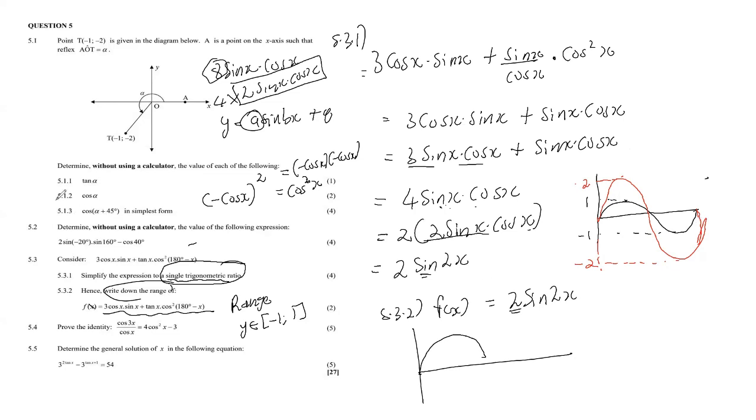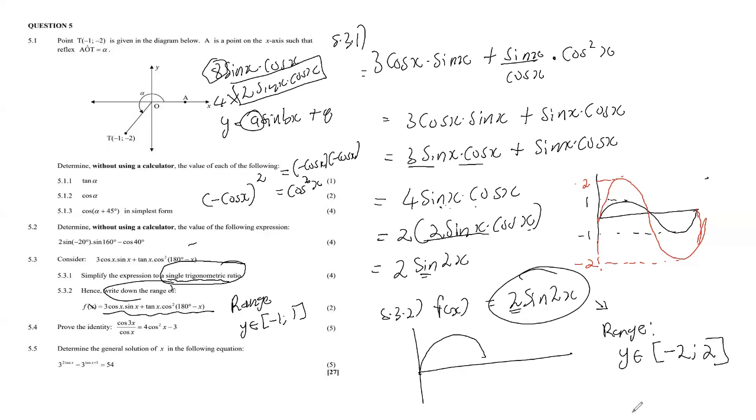Right. Now at this point, I can say, what is my range for this f of x? The range for f of x is y element of -2 minimum value to +2 maximum value.